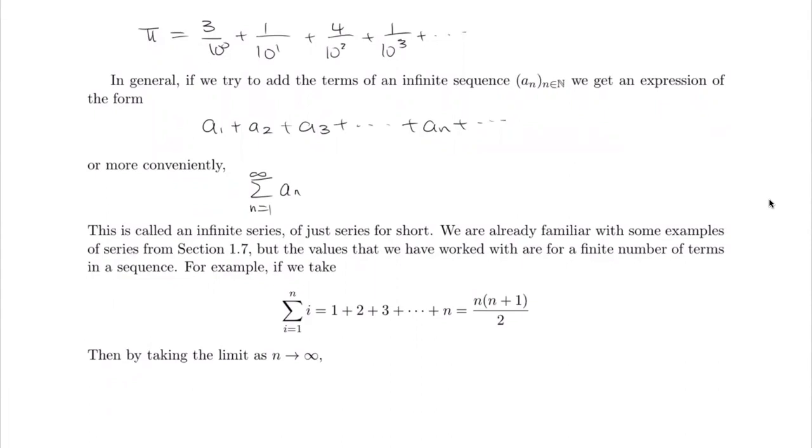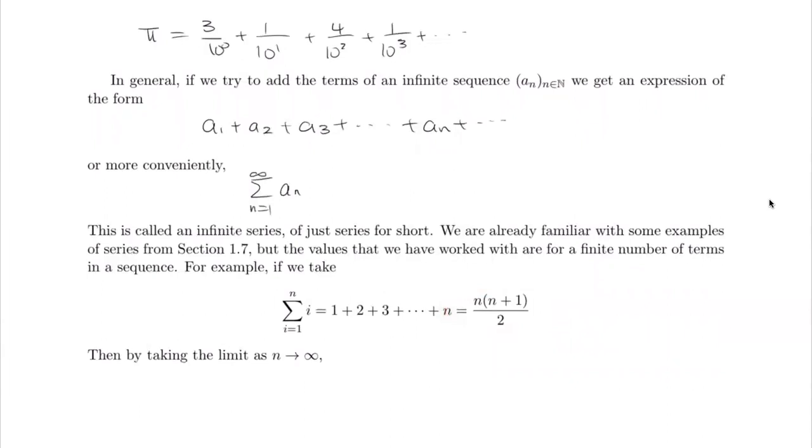For example, from section 1.7, we looked at a finite number of terms in a sequence given by this series. We know that this is equal to n times n plus 1 divided by 2.